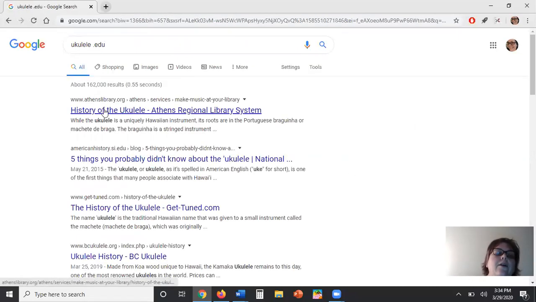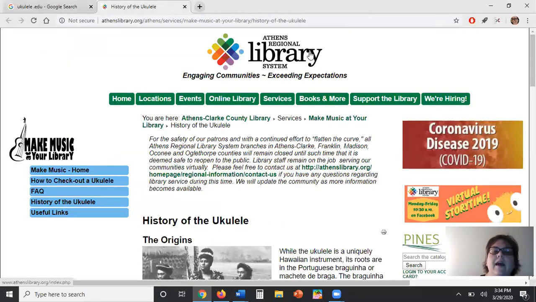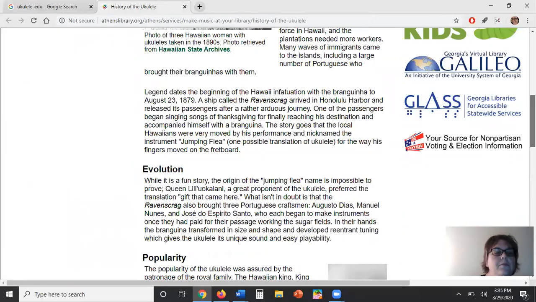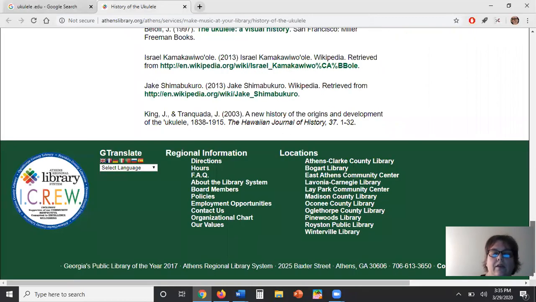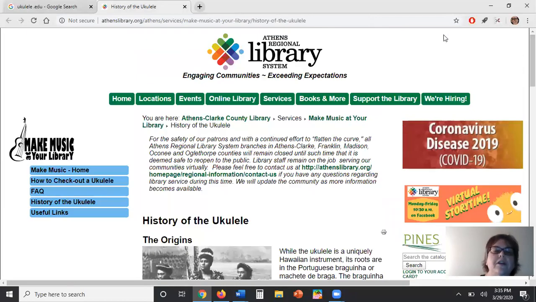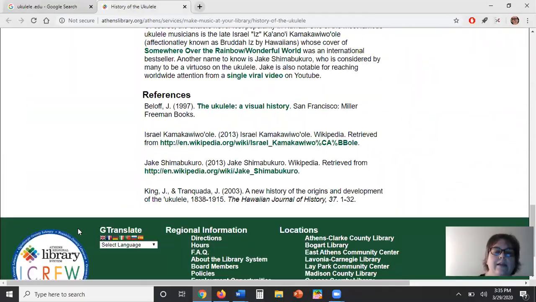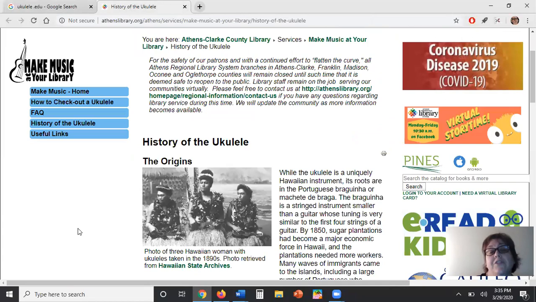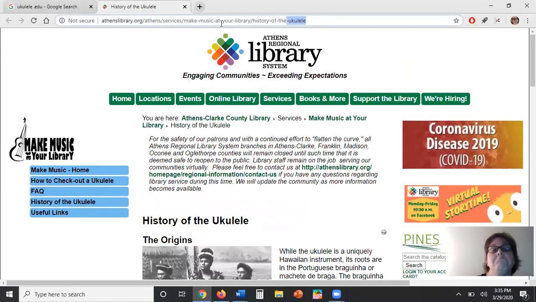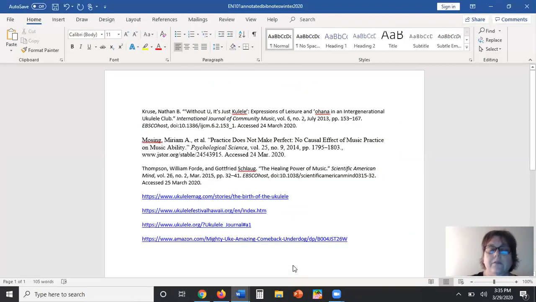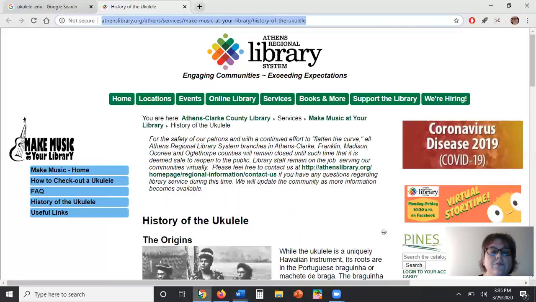So again, I go to the Athens Library, the Athens Regional Library System in Athens, Georgia. And there is a little article about the history of the ukulele. It's not very long, but it actually is fairly well referenced. So I'm going to copy that one and put it in here and take a look at it later to see if it's something I actually want to use.